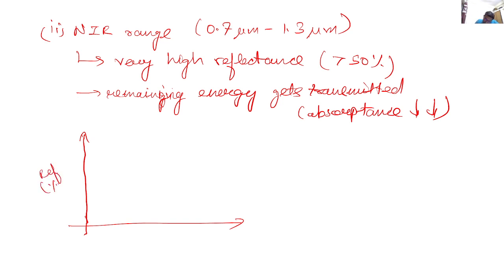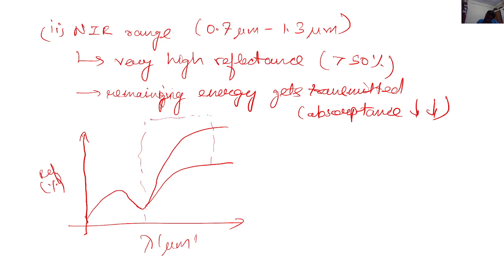So this is, let us suppose, the reflectance in percentage. This is the wavelength in micrometer. So these are the spectral reflectance features. Okay, so we know this curve already. I've already explained it to you a lot of times. So this would be the near infrared zone. The one which is showing higher reflectance would be the healthy vegetation, whereas the one which is showing a lesser reflectance is the stressed vegetation.